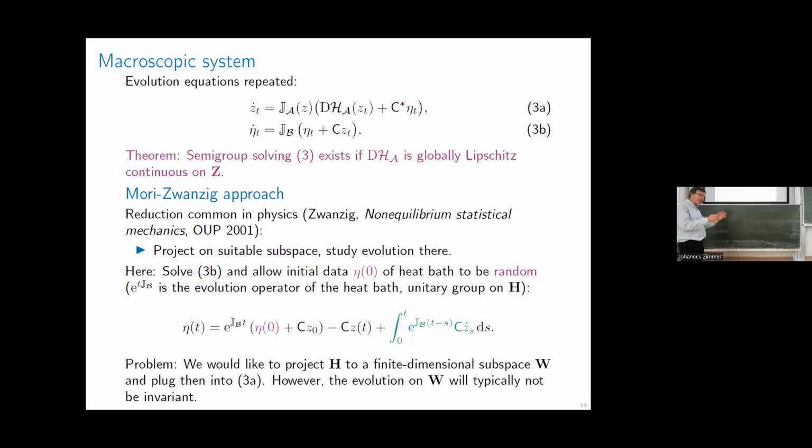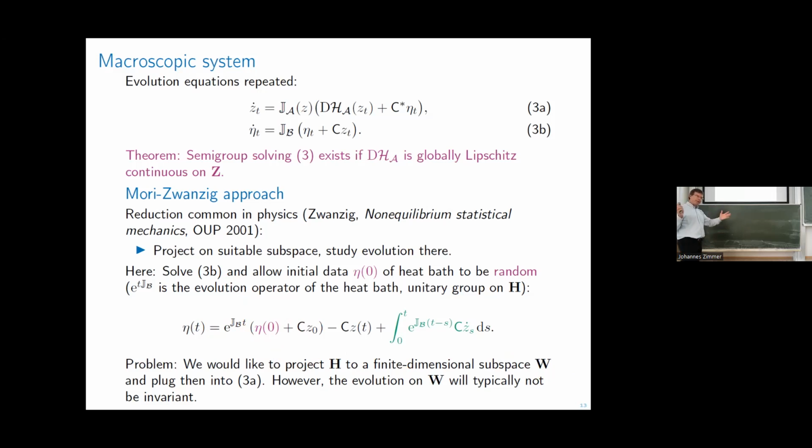It is well defined, so I can make sense of it. One thing we will need later on: we say this initial data is now random. We need to introduce some randomness, which will define a stochastic process. So we need that the initial data of the heat bath is random. Everything else is deterministic. So this is what a physicist would do.